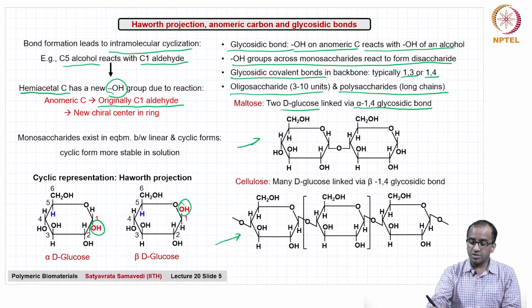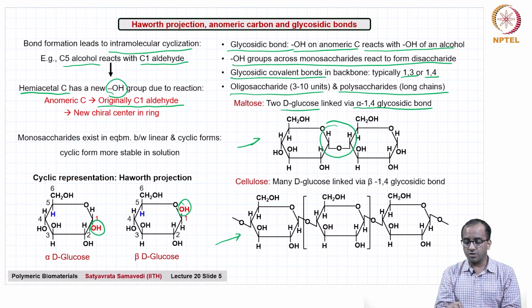It's alpha because of how this bond is formed based on the alpha anomer of the glucose, where the hydroxyl group on the first carbon sticks below the plane, and it is an alpha 1,4 because the carbon 1 here covalently attaches to the carbon 4 here.